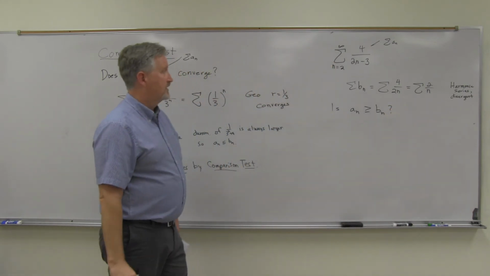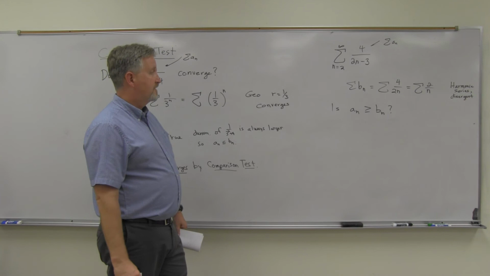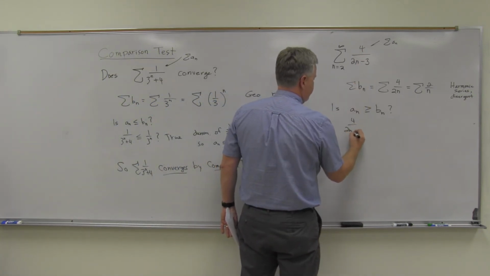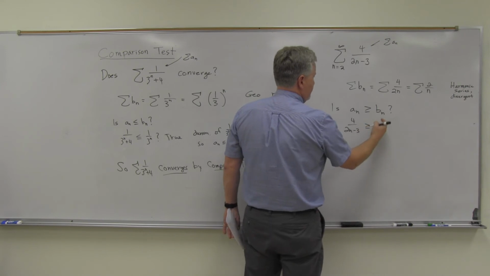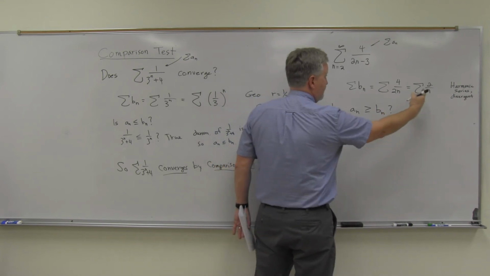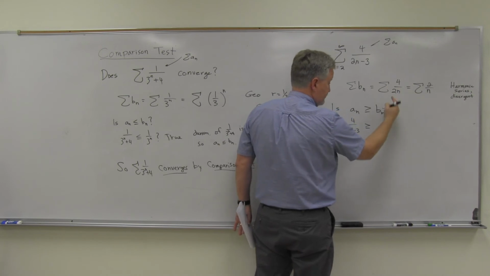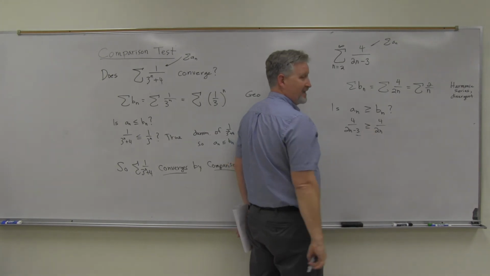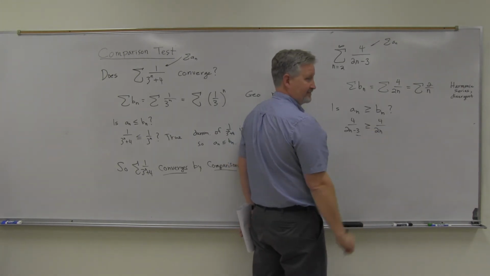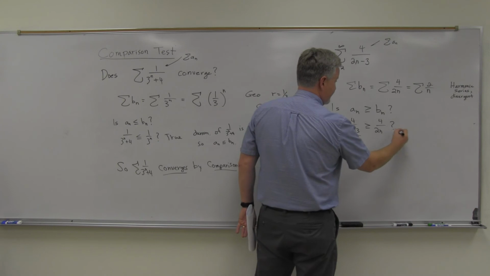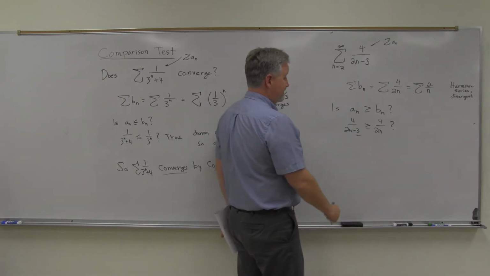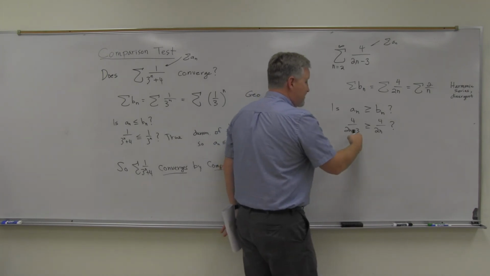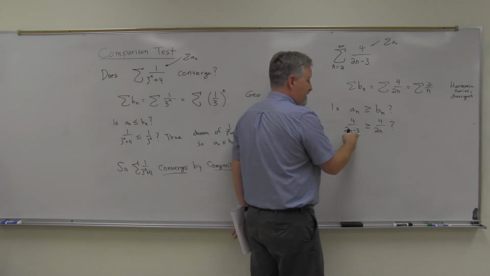So is that true? Well, if it's nice, you got it, right? So the a sub n is 4 over 2n minus 3. And again, for comparison's sake, instead of going back, let's go back to this one. Because then they're exactly the same, except you got minus 3 in this denominator and you don't here. Well, is that true? Yeah, kind of the reverse of what we had previously, isn't it? The only thing different is I've got a minus 3 in the denominator.